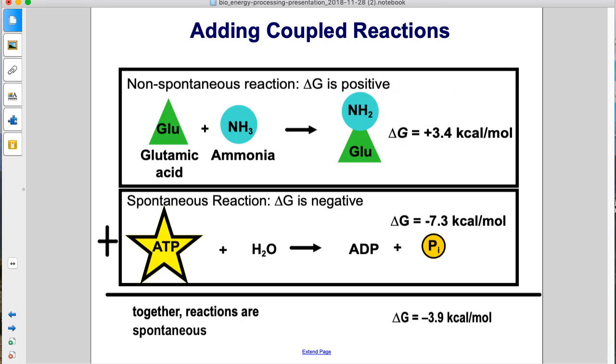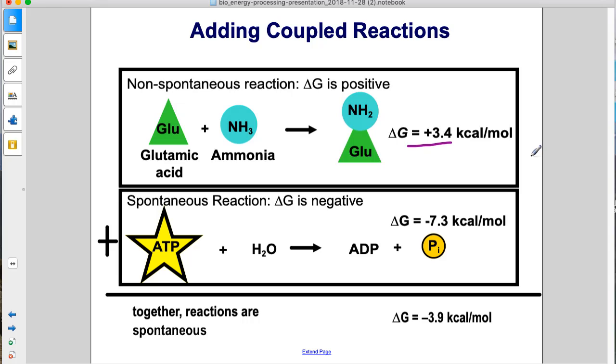Coupled reactions. Here you can see two reactions that have been coupled together. The first reaction here is a non-spontaneous reaction, or an endergonic or anabolic pathway. And you can see that because the change in Gibbs free energy here is positive.